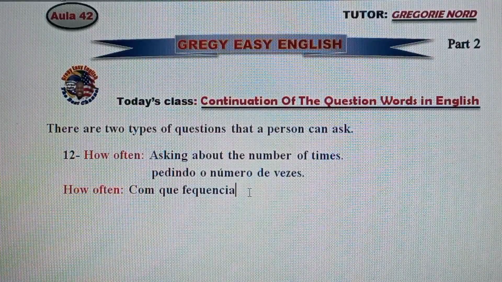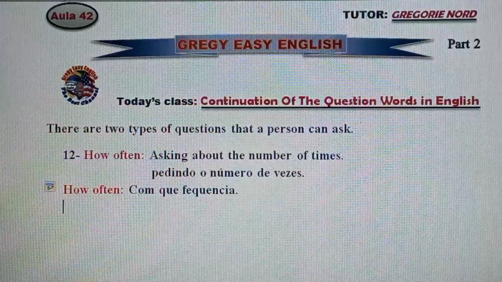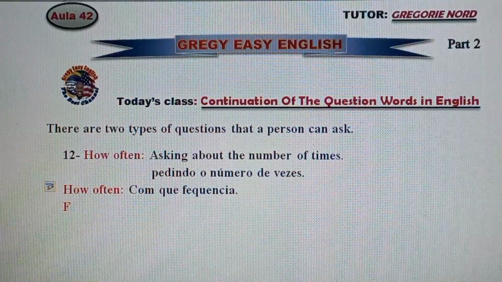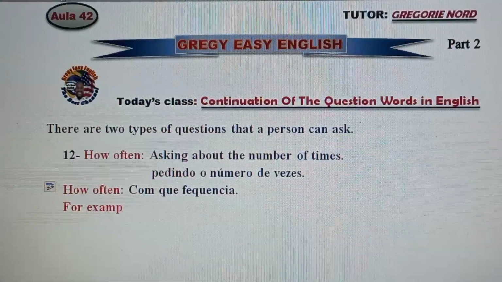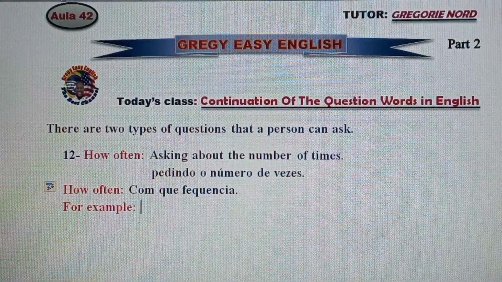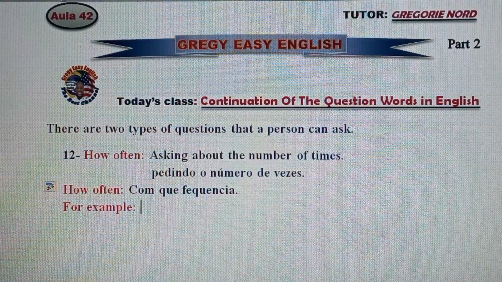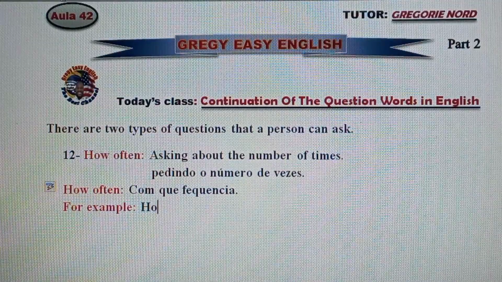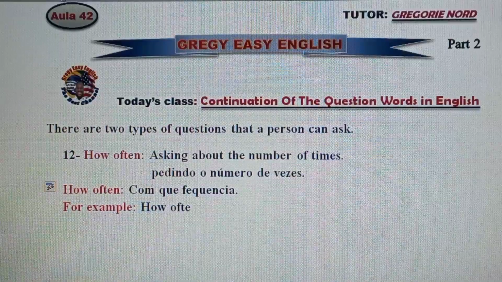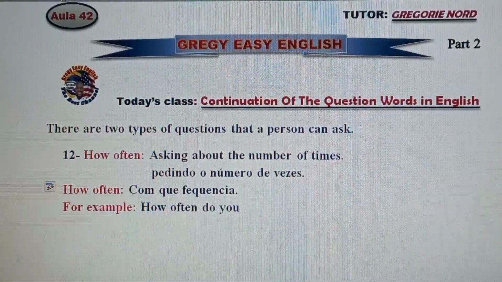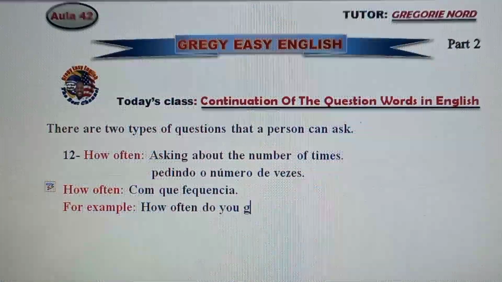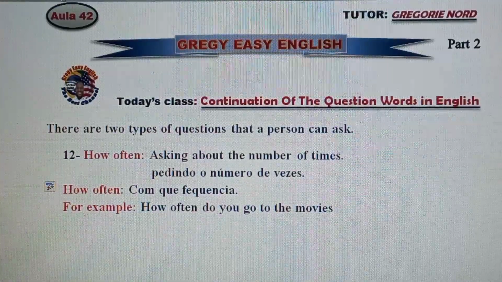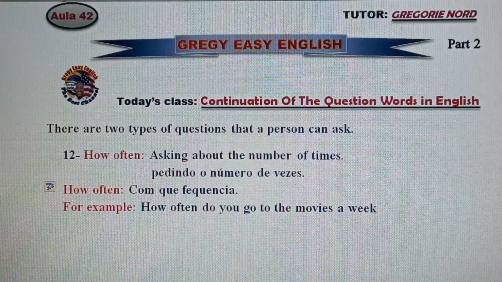Now let's have an example with how often. Let's say, for example, how often do you go to the movies a week?